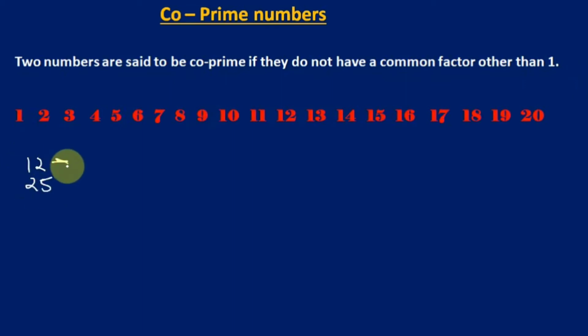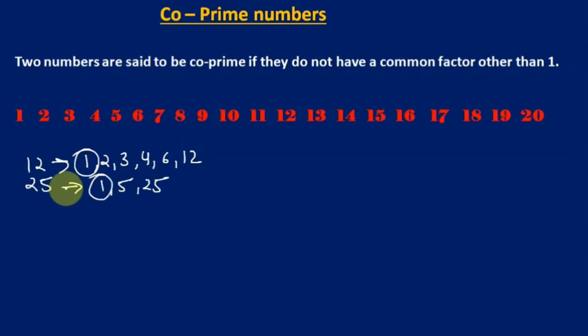So the factors of 12 are 1, 2, 3, 4, 6 and 12, and the factors of 25 are 1, 5 and 25. So between 12 and 25 only 1 is a common factor, so this is a co-prime pair. Okay, so 12 and 25 are co-prime.